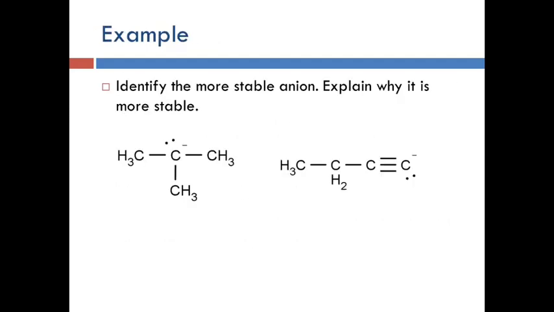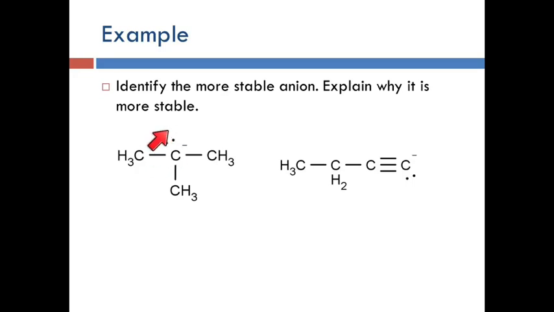Let's identify the more stable anion and explain why it's more stable. Because you can't just guess 50-50. The first 3 factors, A, R, I, are the same. We're looking at orbitals, right? What's the hybridization here? We've got 3 carbons in the lone pair. The lone pair counts because what was there before this became an anion?